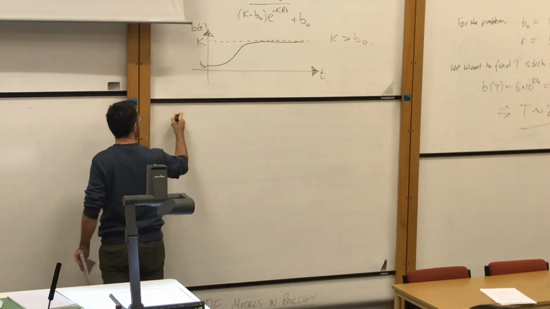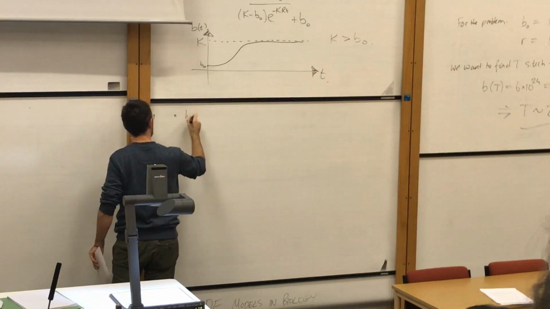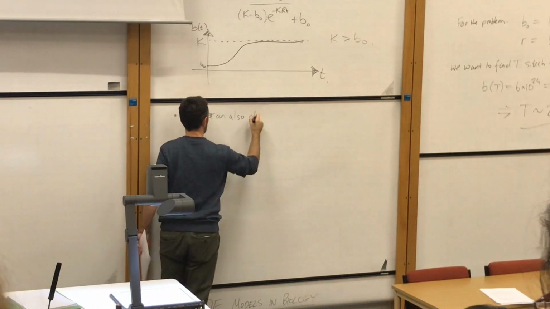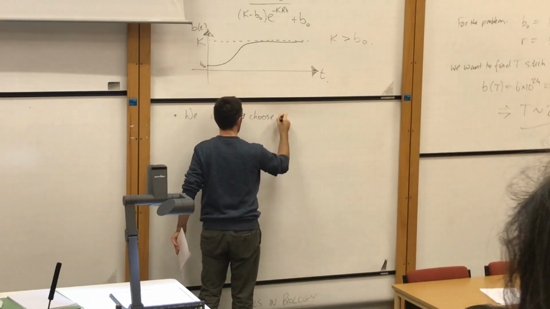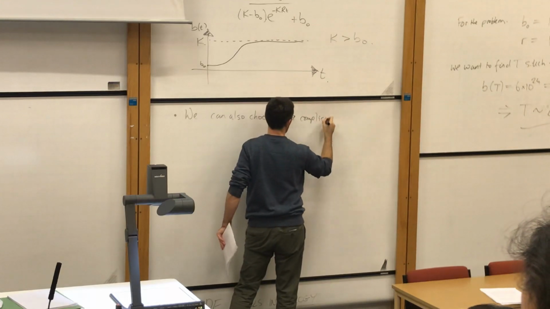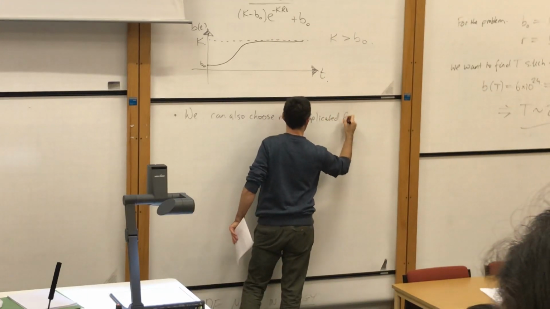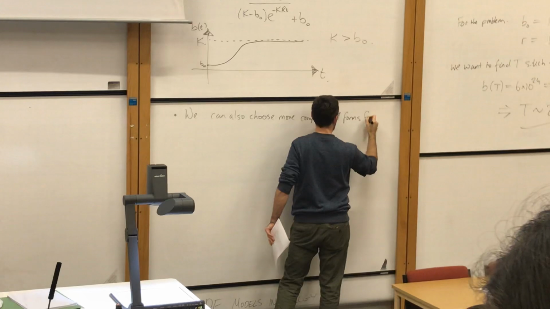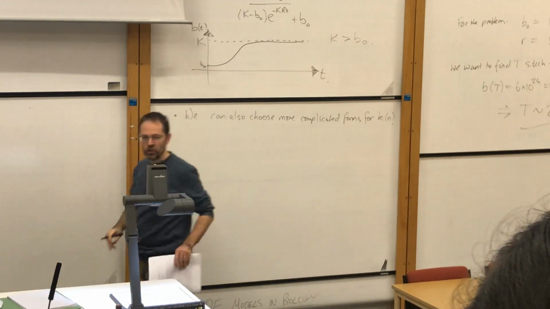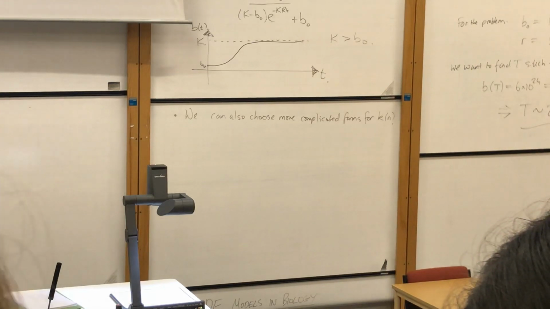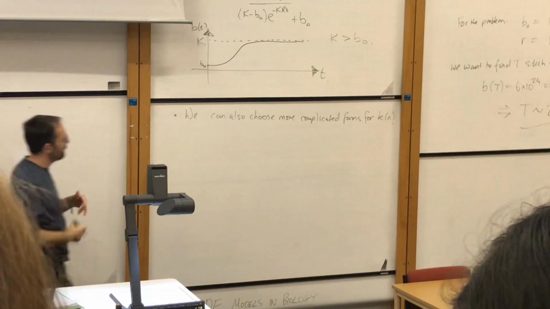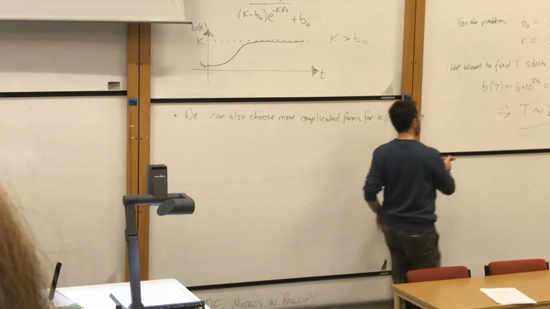We can also choose more complicated forms for K of n. Earlier I assumed that the growth rate depended linearly on the amount of nutrients in the environment.